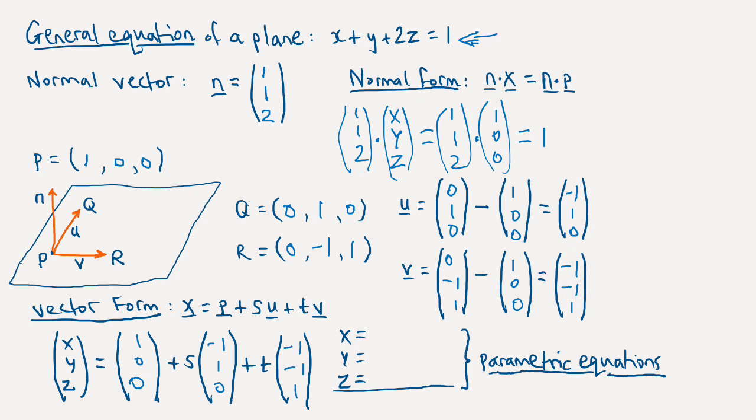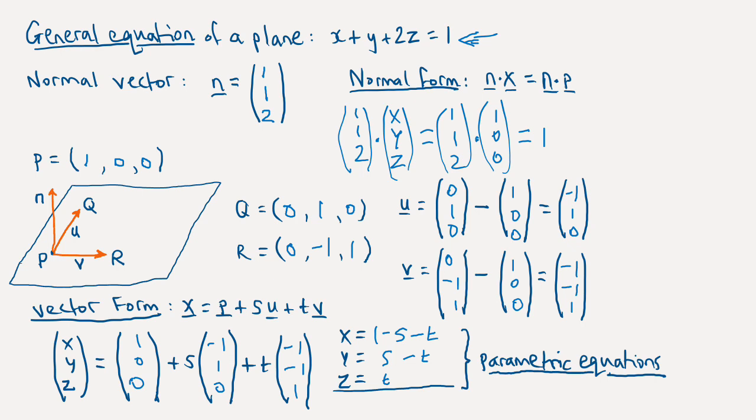And if we break that out into the components, we'll get the parametric equations x equals 1 minus s minus t, y equals 0 plus s minus t, and z equals t. So those are the parametric equations corresponding to the general equation x plus y plus 2z equals 1.